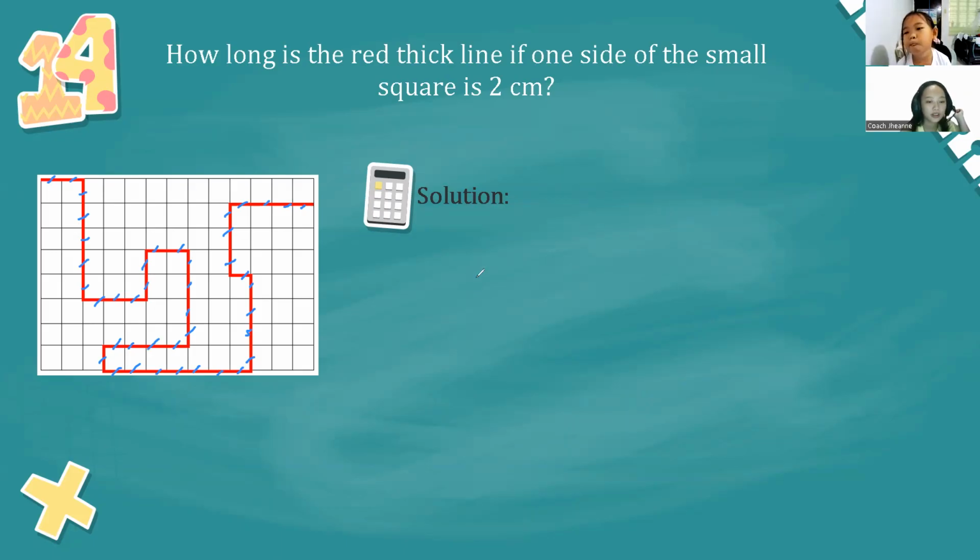And in the problem, it says that one side is equal to 2 cm. So we multiply 42 by 2. Now we get 84.